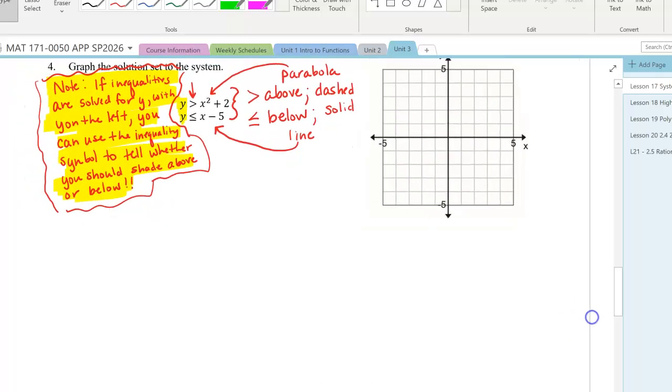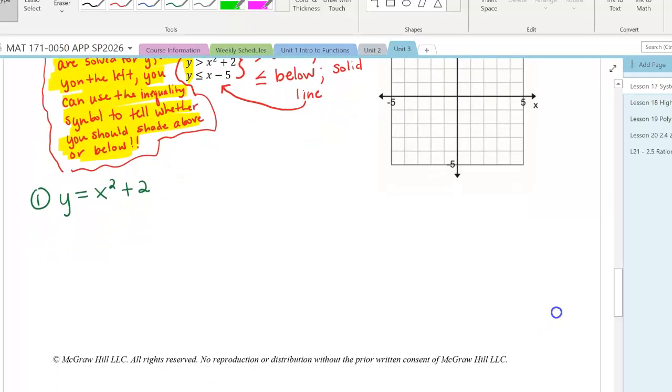So let's start with the first inequality, and we'll graph the related equation as a boundary. This is a parabola, and let's talk about transformations with this one. It's pretty easy.